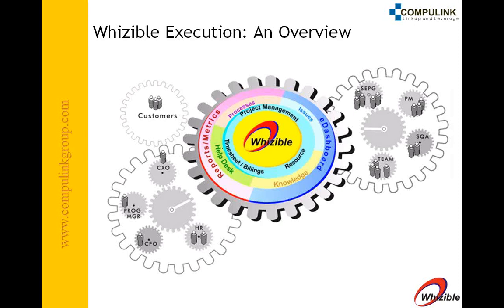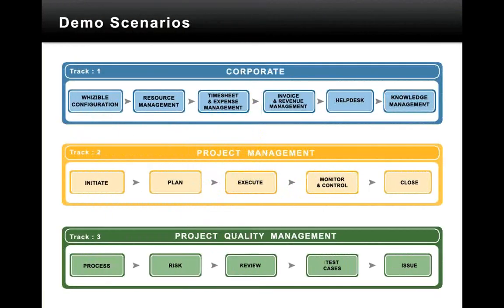So we will move on to the demonstration of this product and how it is organized. For this demonstration, there are 3 tracks. Track 1 is the corporate track, which covers common modules which can be implemented by any organization regardless of its product mix. Track 2 is of special interest to those organizations that execute a large number of fixed bid type of projects.